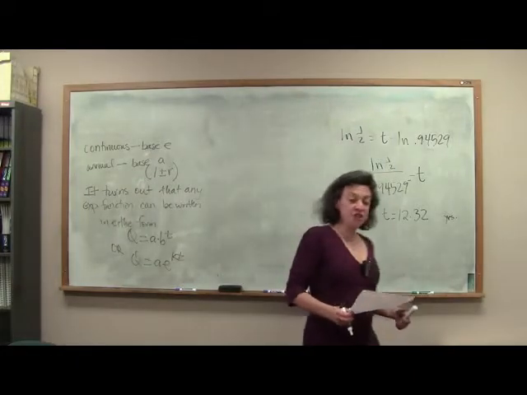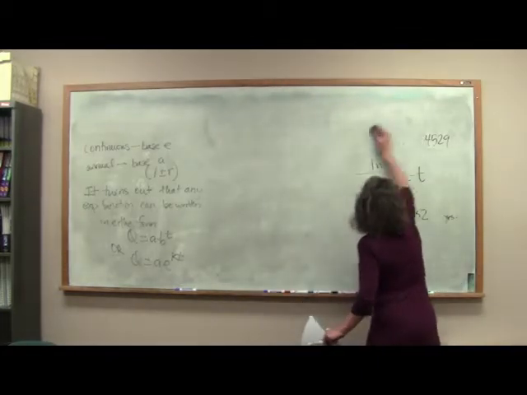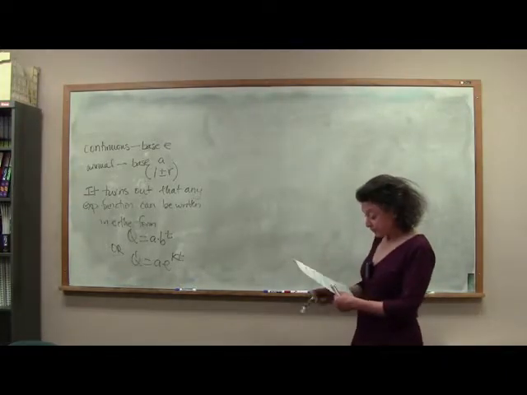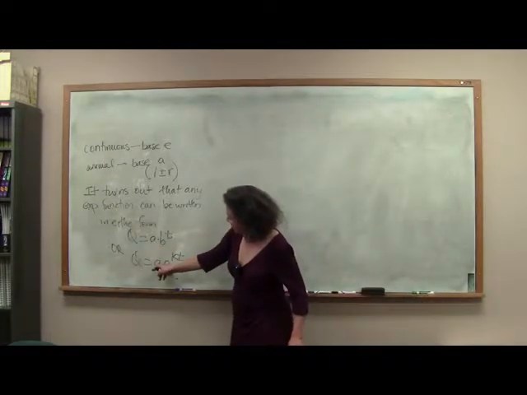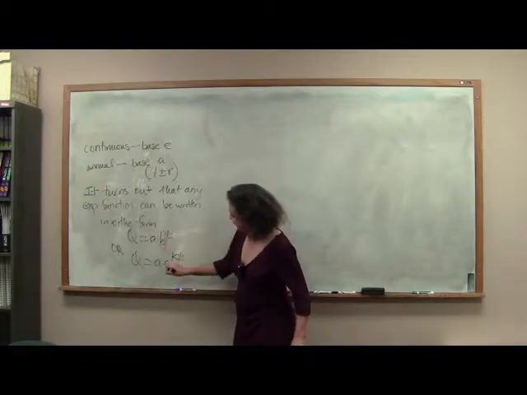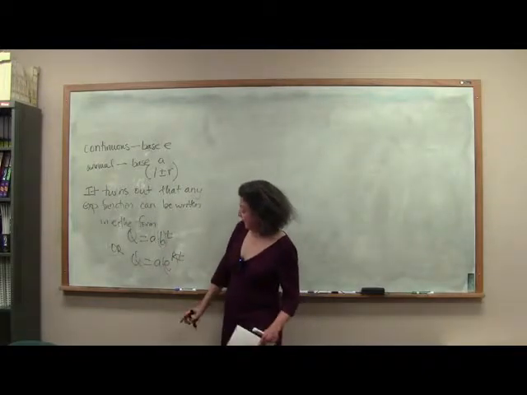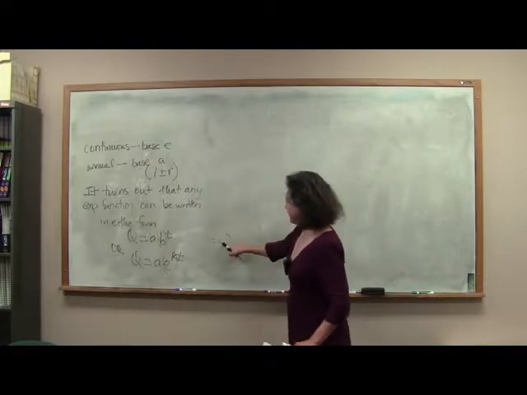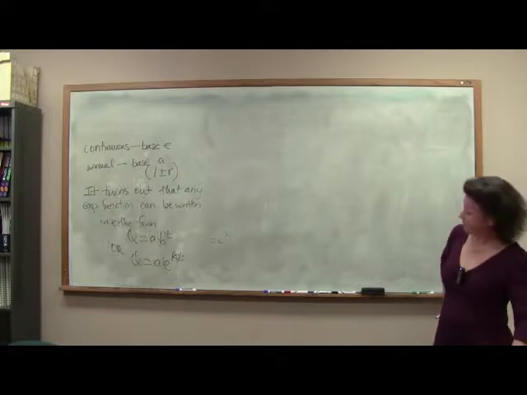So what I would like to do is show you how to go from one direction to the other, and then vice versa, of course. Okay? Now, let's look at these two forms. Notice A is the same, and the t is the same. The only difference is here we have a B, and here we have an e to the k. So the thing that I want you guys to notice is e to the k is precisely b.